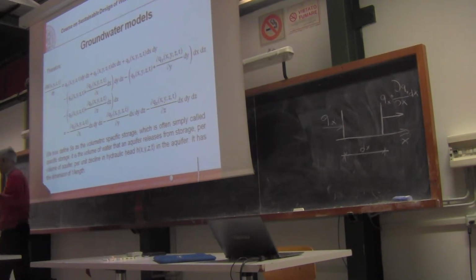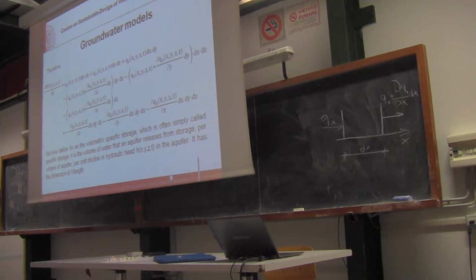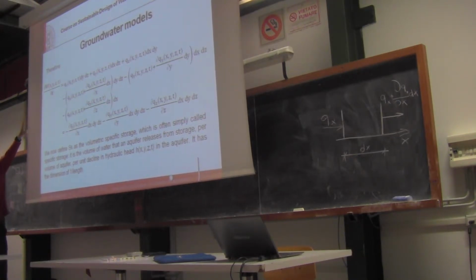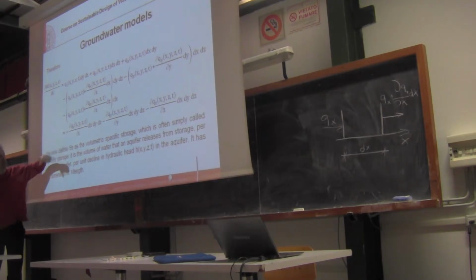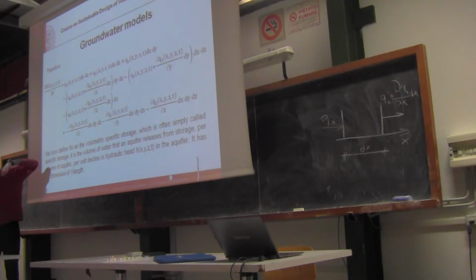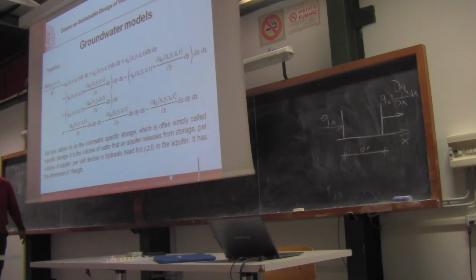So you see that the mass balance equation remains in a quite simple form: partial derivative of volume with respect to time is equal to partial derivative of the flow components in each phase with respect to the same direction times dx, dy, dz. Okay.